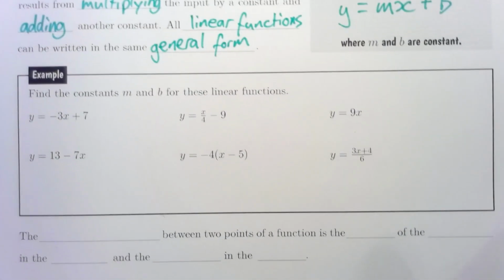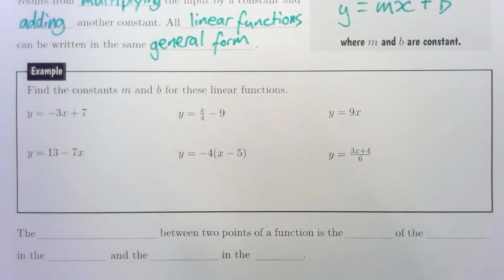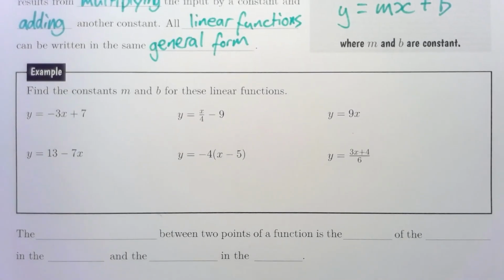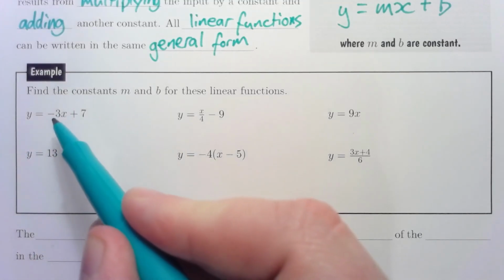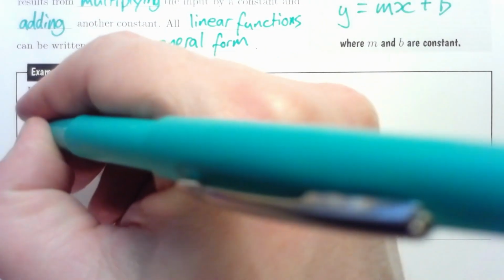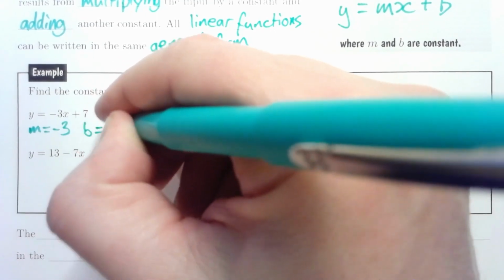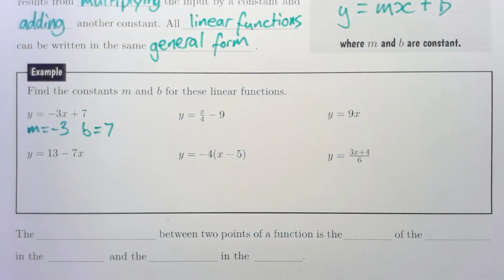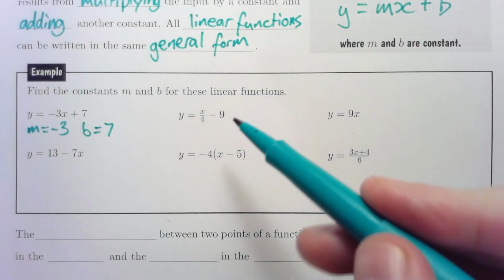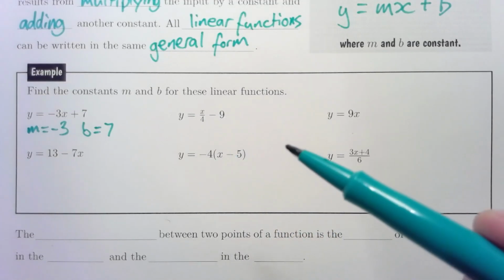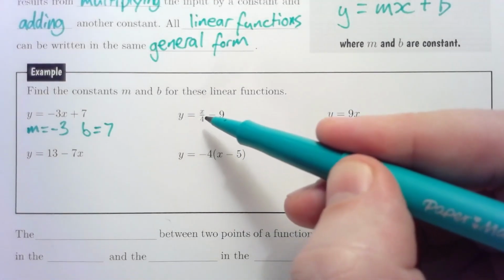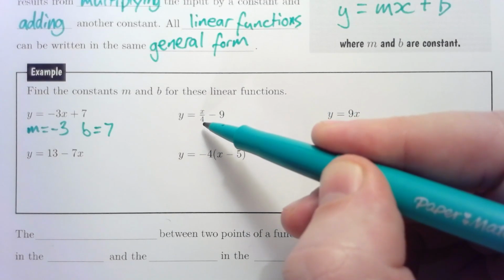So let's look at some linear functions specifically, and see if we can identify these two constants, m and b. So for this first one, we're multiplying x by -3, so that's our m, and we're adding 7, so that was b. So that wasn't too difficult. Now sometimes our m and b might be in disguise a little bit. So for this one, x is being divided by 4.